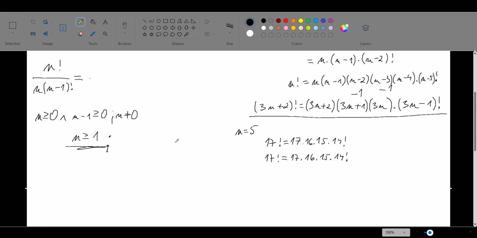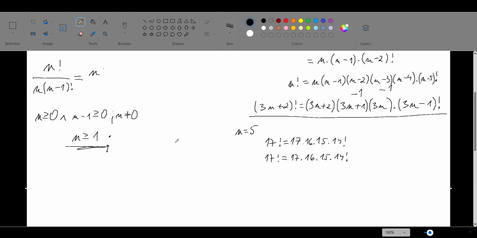There are two ways to come to number 1. I will show you the first, which we are used to: n factorial, as n is a greater number than n take away 1. I think this is clear, because if n is 5, then this is going to be 5 factorial and this is going to be 4 factorial.